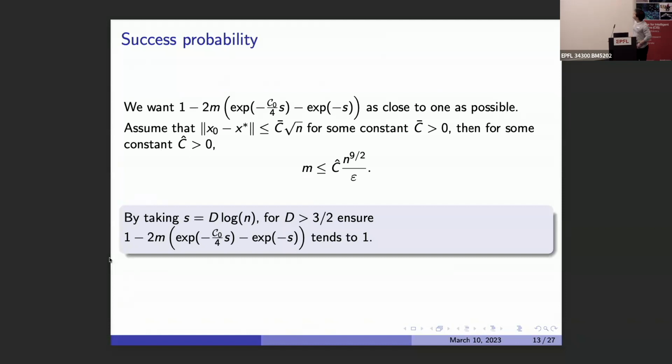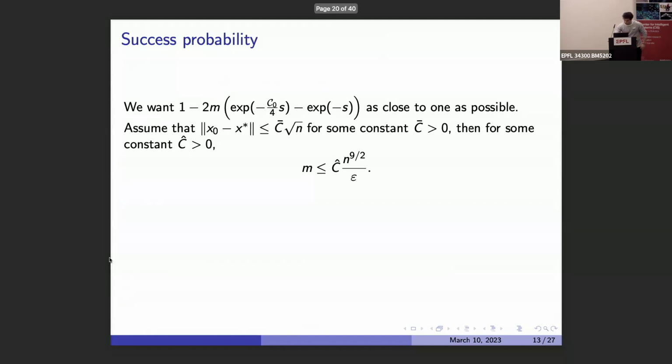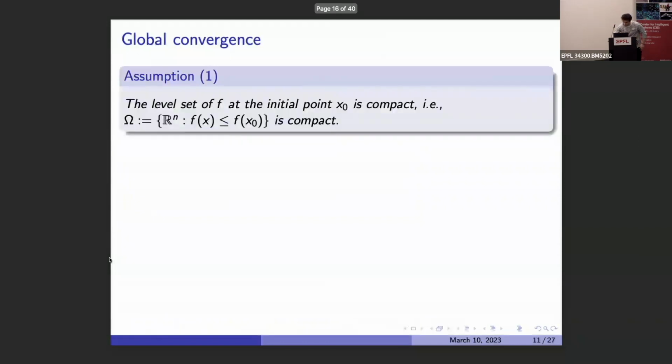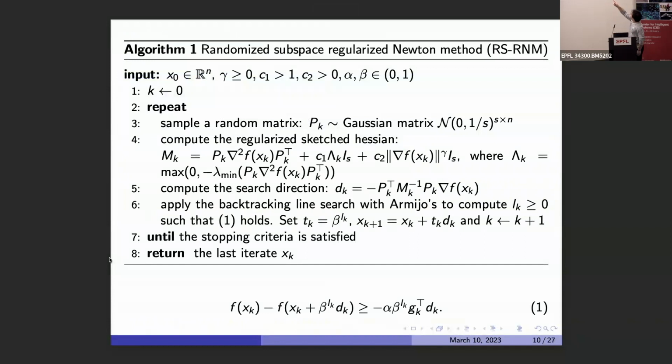You see that this probability tends to 1 when n is large enough. So for s, we only need to take some logarithm of n. I want to recall that s is the size of the regularized Hessian. So even if n is really large, this will still be easy to invert.